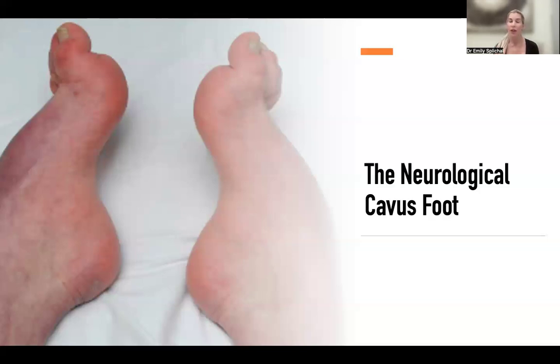This is progressive, and this is purely based off of the neurological muscle imbalances that are happening because of that neurological injury. It is oftentimes inevitable. It cannot be stopped entirely. I work with patients to try to slow it down as much as possible. I try to bring relaxation to the hypertonic muscles as much as we can.